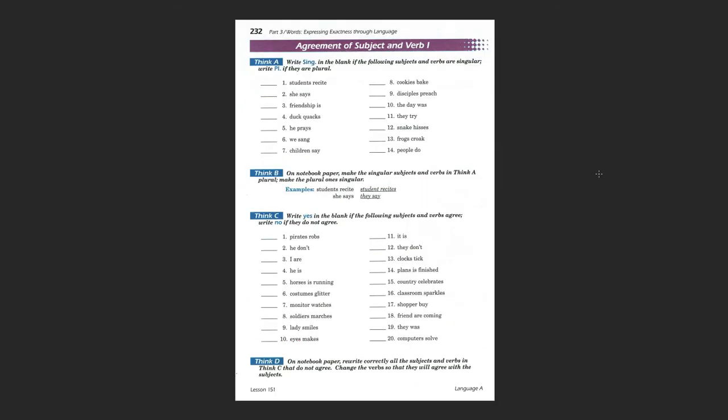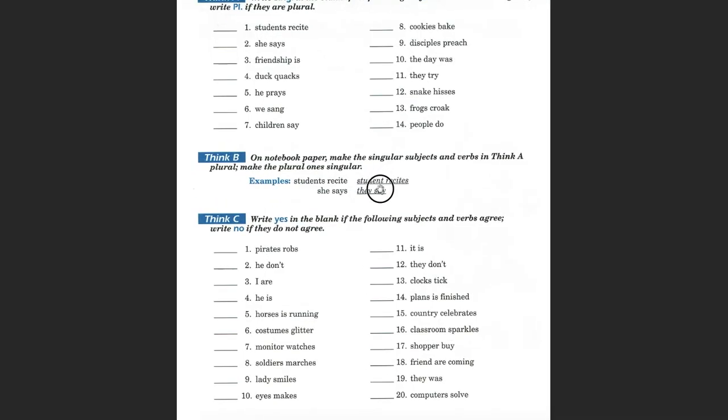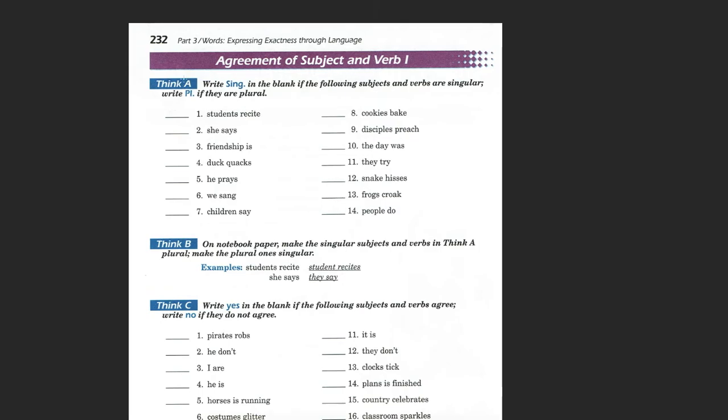All right, here's our worksheet. It says agreement of subject and verb. Exercise A. Write singular in the blank if the following subject and verbs are singular. Write plural, PL, if they are plural.